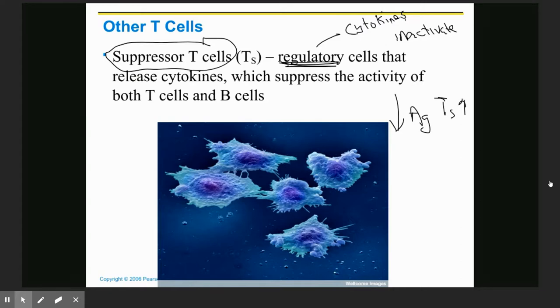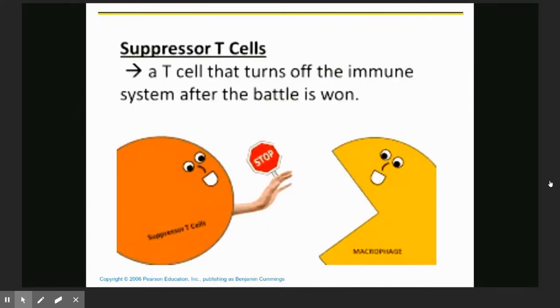And what T suppressors are going to do is they're going to basically tell everybody to calm down. There's no reason to keep going. The battle is won. It's all over with. And so they're going to release chemicals that inhibit T cells and B cells.